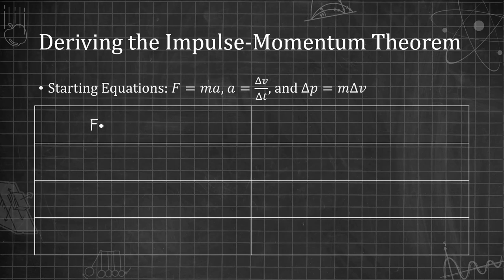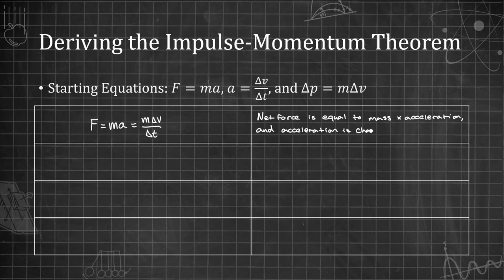So to start deriving the impulse momentum theorem, we're going to use these equations at the top. And we're going to start with F equals ma. So this is just Newton's second law. And then we're going to plug in the identity for acceleration, which is acceleration is the change in velocity divided by the change in time. So what we get here is net force is equal to mass times change in velocity divided by change in time.